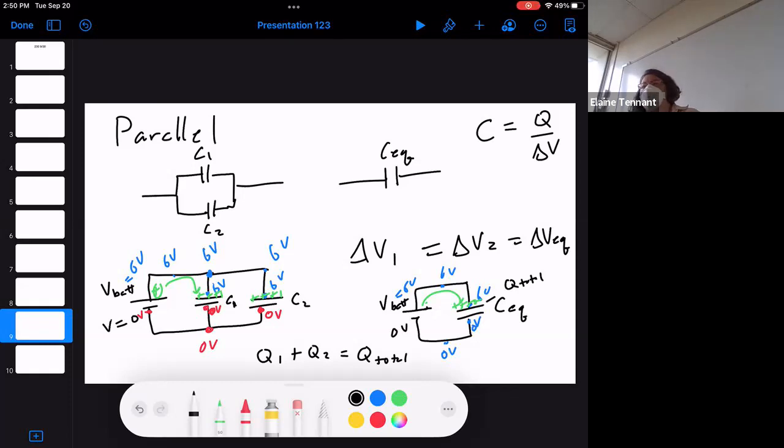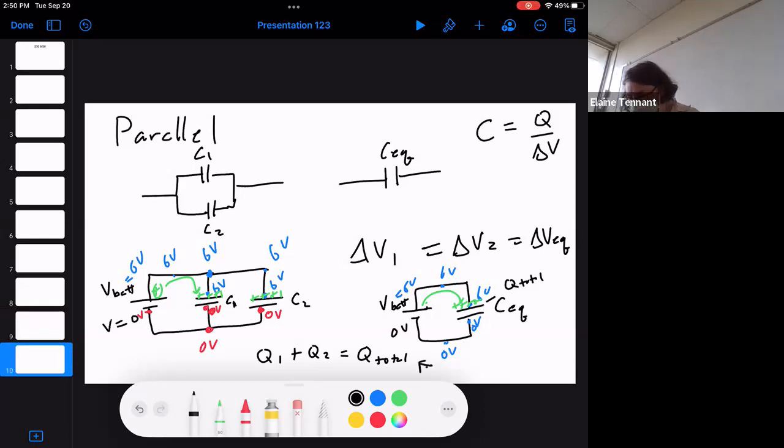Does that make sense? Because basically I want this capacitor to have stored the same amount of charge as C1 and C2 stored while they were in parallel. Okay, it's all coming together.